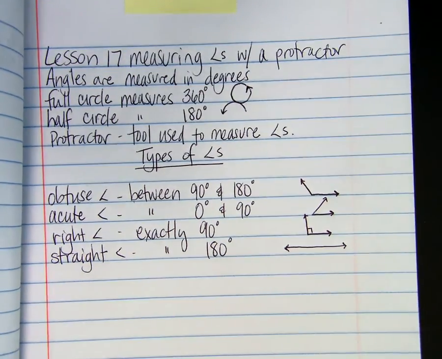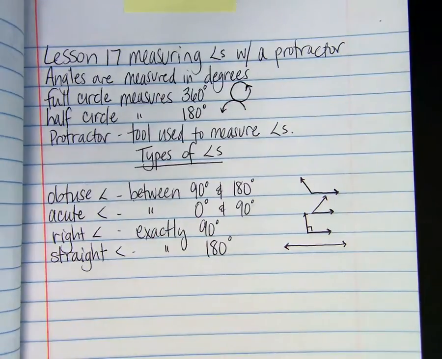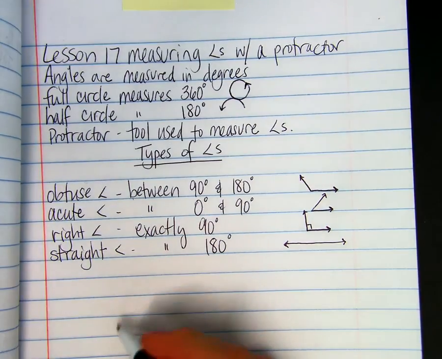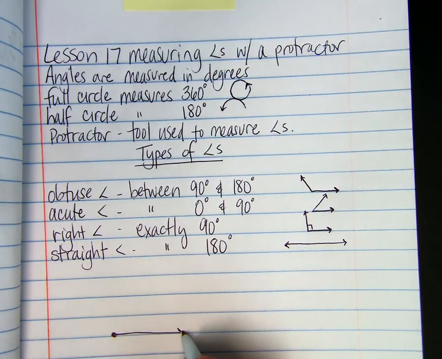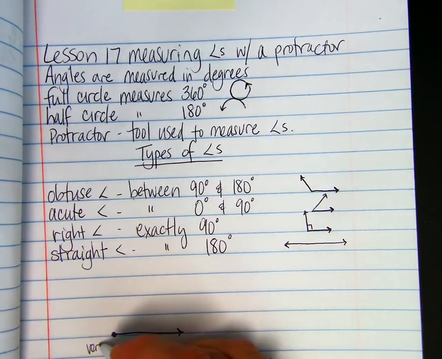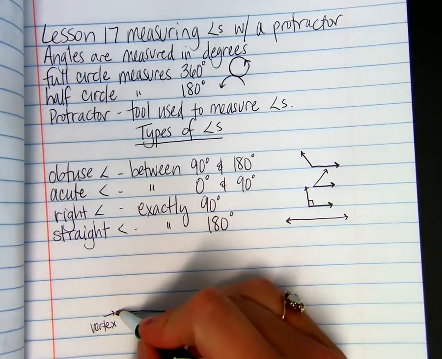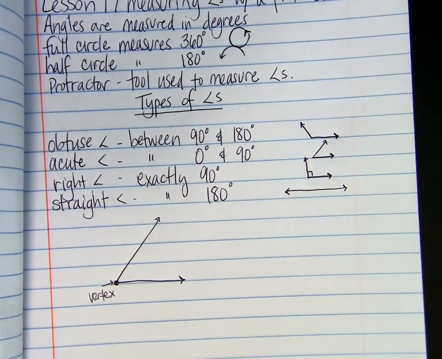So that's actually the measure of that angle is 180 degrees. When we draw an angle, we have 2 rays that have the same vertex. So there's one ray, and then we start another ray, and then that's how we would draw our angle.